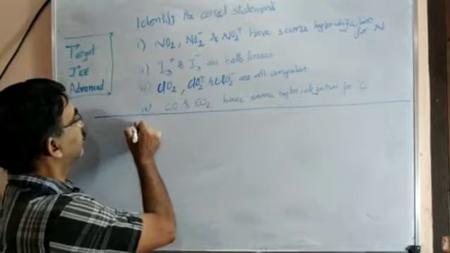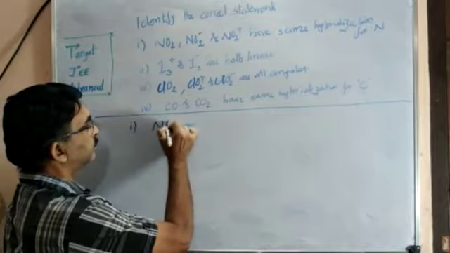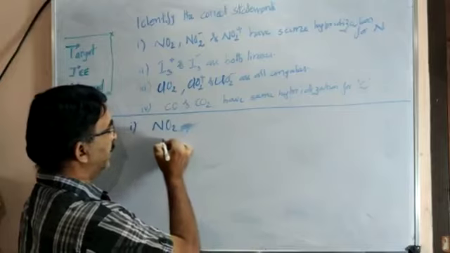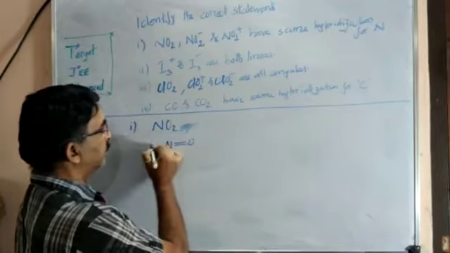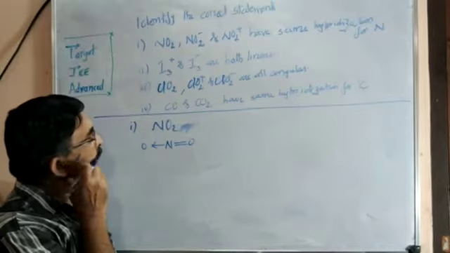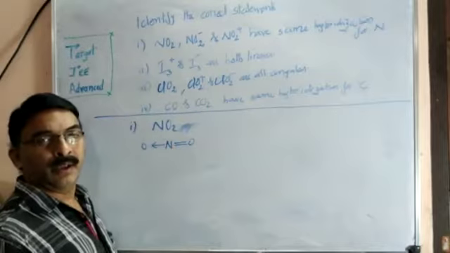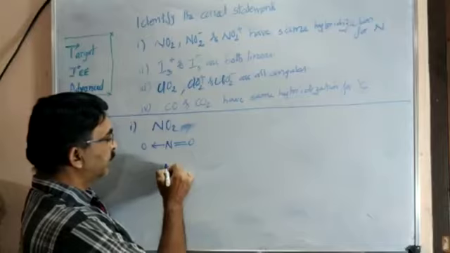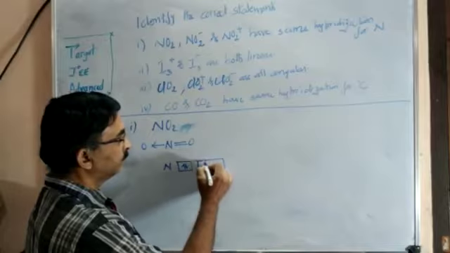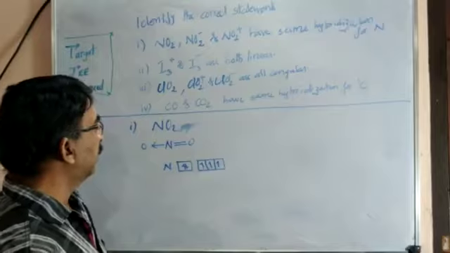One, NO2. See, in NO2, we have the rough diagram as N double bond O like this. So, it requires two unpaired electrons and one lone pair. As we know, in nitrogen there are three unpaired electrons and one lone pair which are required.